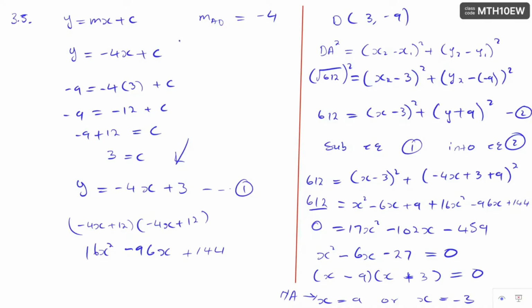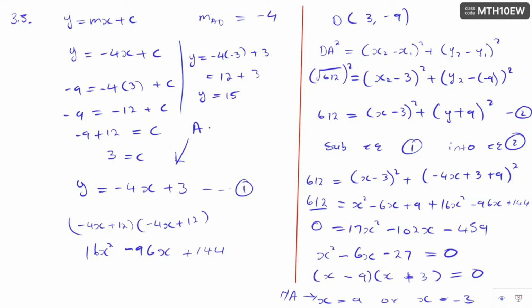So let me write it here. y equals negative 4 times negative 3, plus 3. So this is going to give us 12 plus 3, which is y equals 15.